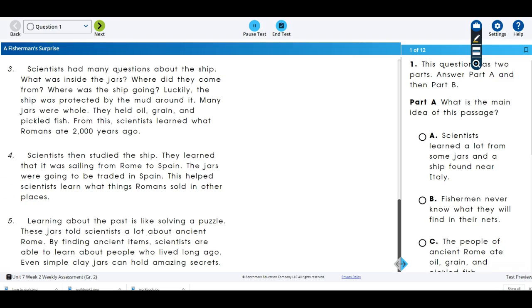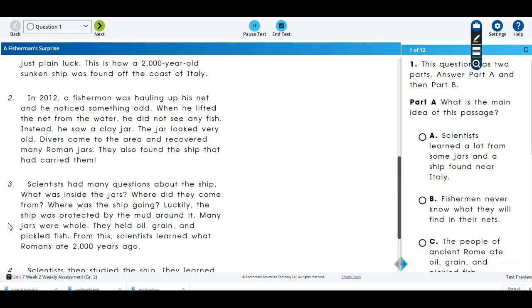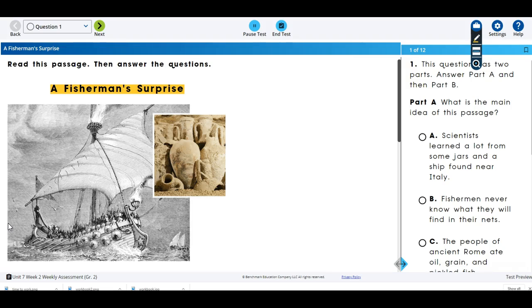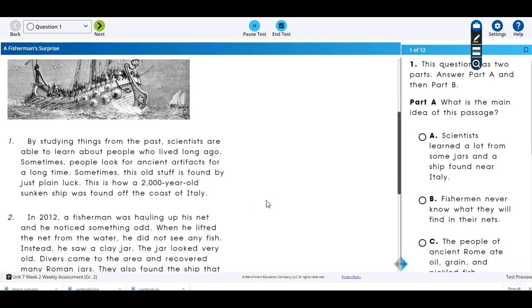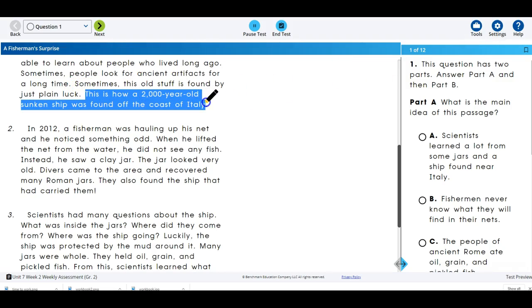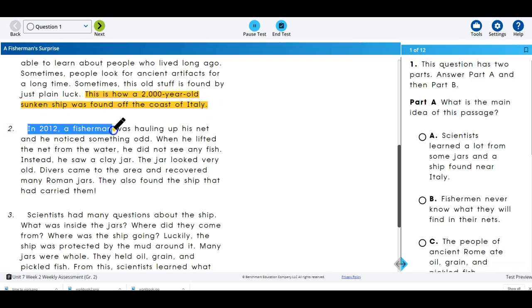We know this is going to be informational text because everything we've been focusing on has been about information, the history, learning about the past. So when you're finished reading the entire story, and if I were you, I would be highlighting facts as I go along. So I know when I see numbers, when I see dates, these tend to be facts, okay? So I would be highlighting things that I know are facts to help me.